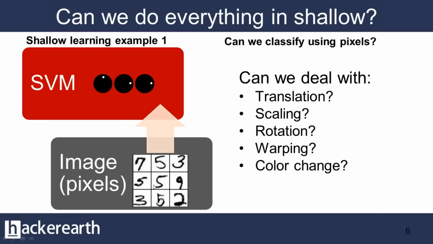Right? So if you have the same object which is 5, but you change its shape. You move it slightly, which is translation. Or you scale it up or down. You make it bigger or smaller. That is scaling. Or rotate it slightly. When you write handwritten digits, you don't write it the same way every time. Or warp it.